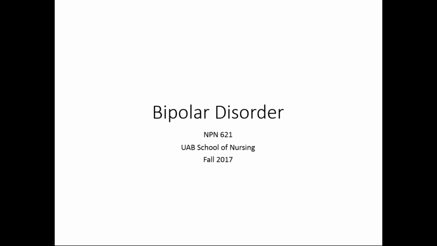Your goals for this section of the module are to come away with an understanding of the diagnostic criteria for bipolar disorder. So the DSM-5 diagnostic criteria. What makes a manic episode? What makes bipolar disorder?